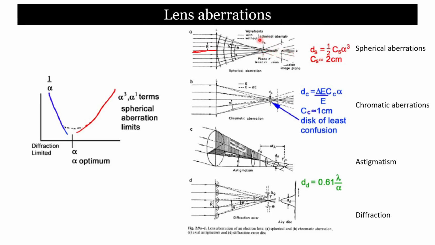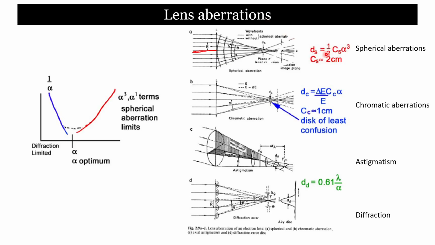So the image will have spherical aberration, and its contribution is given by half Cs alpha cube, directly proportional to the alpha cube term. These terms are used to calculate the aberrations present in your image.